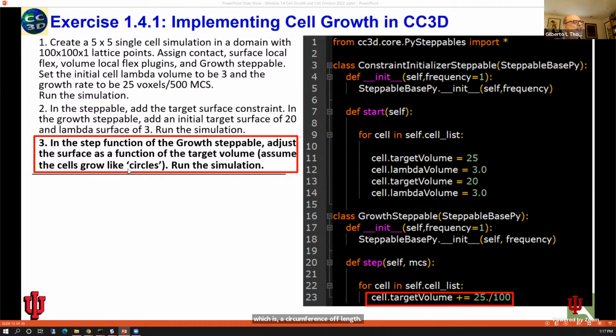So you have to change the growth rate of the cell according with the changes in the target values of the surface of the cell. Try to do that.